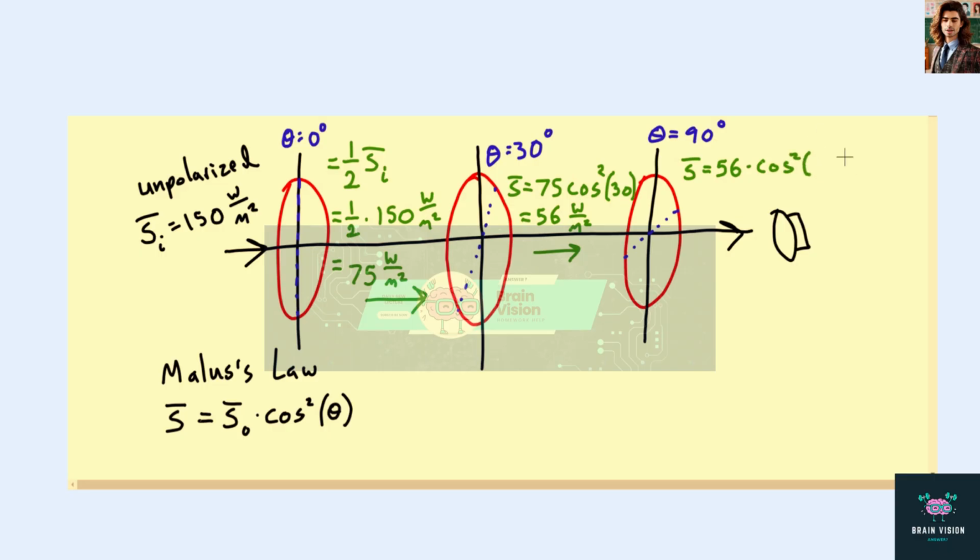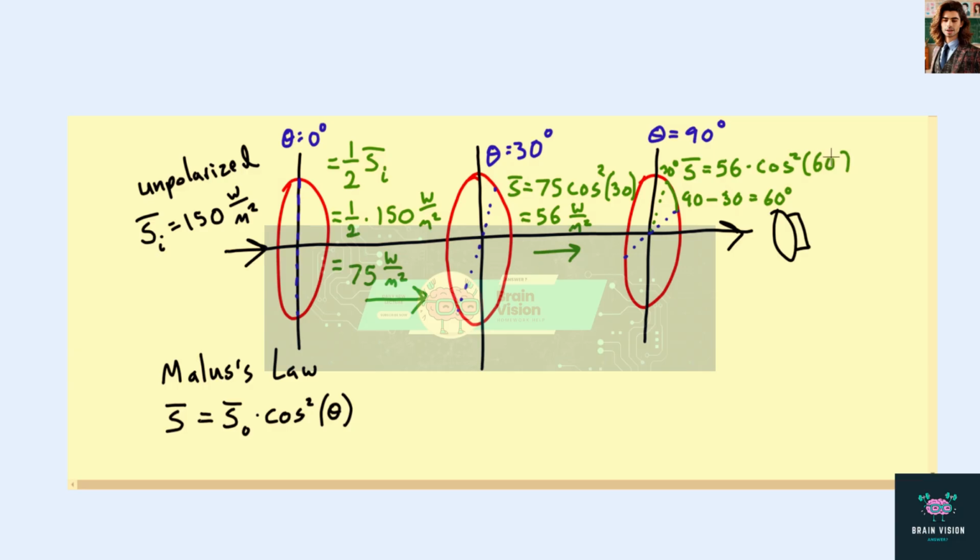Now let's be careful with what angle we use here. It's actually not 90 degrees because we need to think about it relative to the current polarization. After it passes through that second polarizer, now it's polarized at 30 degrees. Well, relative to that 90 degrees, that's only a difference of 60 degrees.